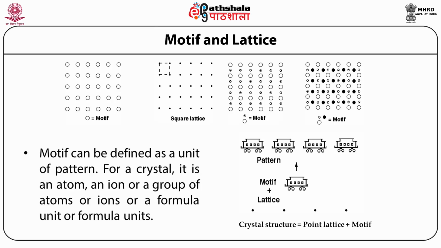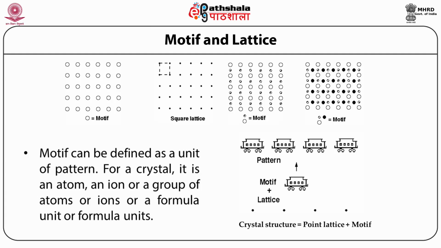Motif is also called basis at times. When motif is combined with a point lattice, what it gives rise to is called a crystal lattice. That is, a crystal structure is equal to point lattice plus motif.